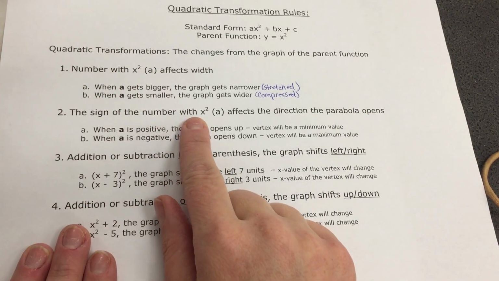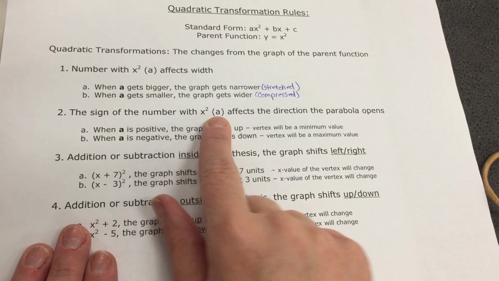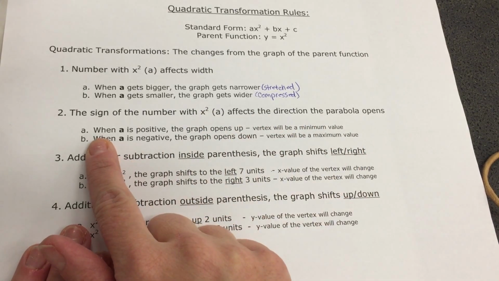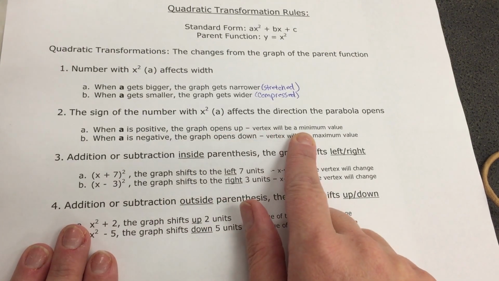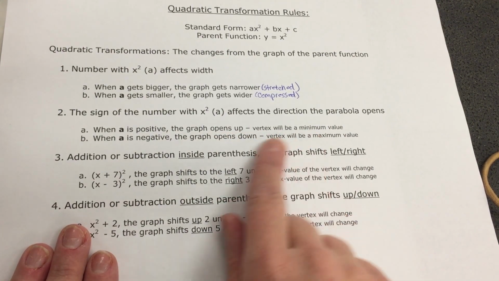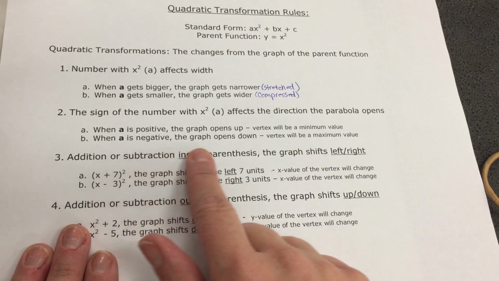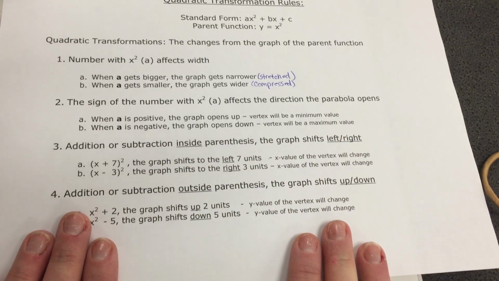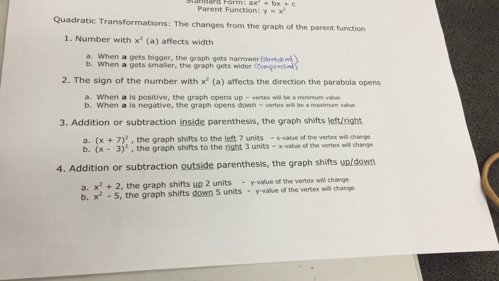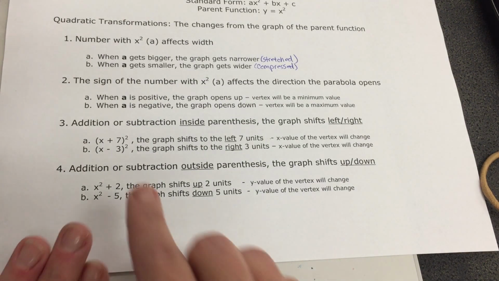The sign of the number with the x squared, a, affects the direction of the parabola. If a is positive, the graph's going to go up, so you're going to have a minimum value. If a is negative, the graph's going to go down and you're going to have a maximum value. Addition or subtraction inside parentheses shifts the graph left or right.